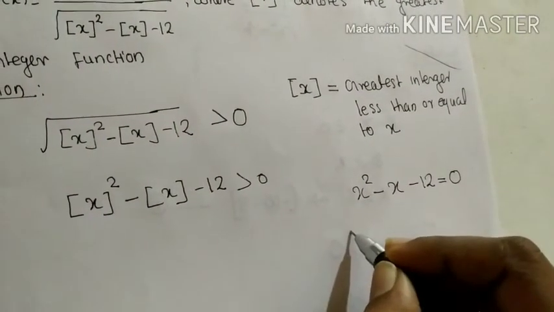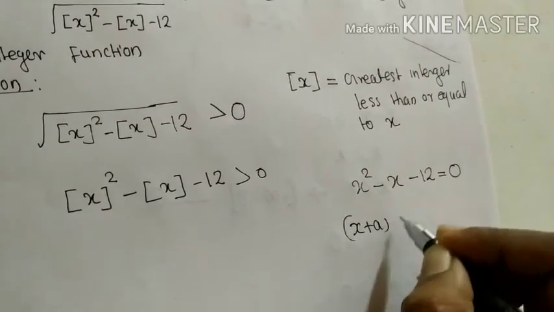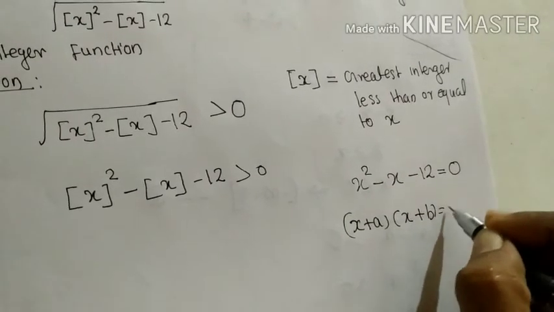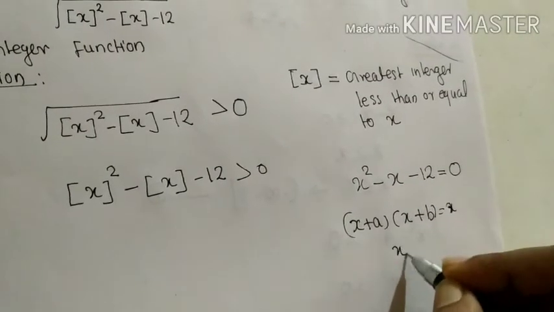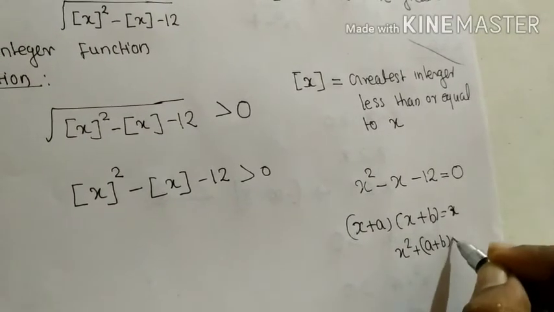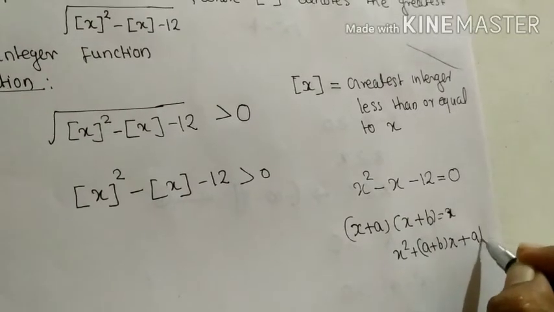We have already learned an identity that x plus a into x plus b equals x square plus a plus b into x plus ab.